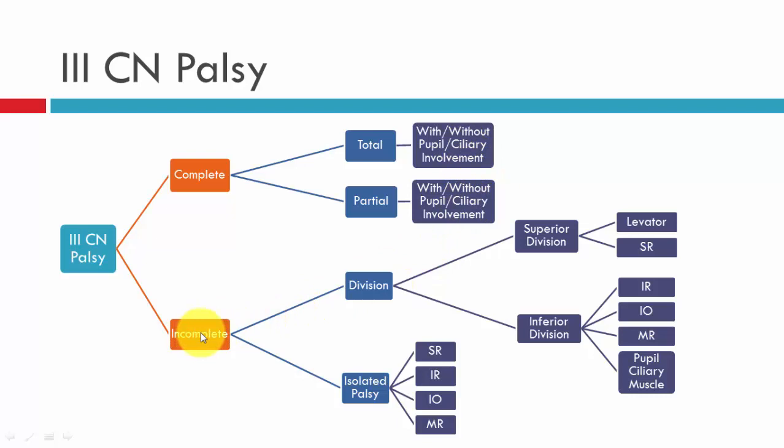In terms of incomplete, this can also be total or partial, but also we could have a division of the third nerve affected, so either the superior or the inferior, or we could have an isolated palsy where one of the extraocular muscles that is supplied by the third nerve is affected. But even though you can't see it on the flow chart, please be mindful that a complete can be total or partial as well, in terms of the extraocular muscles affected could be paralysed or could have some partial function.